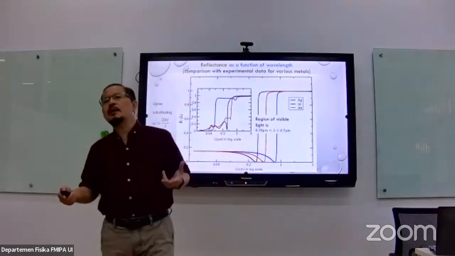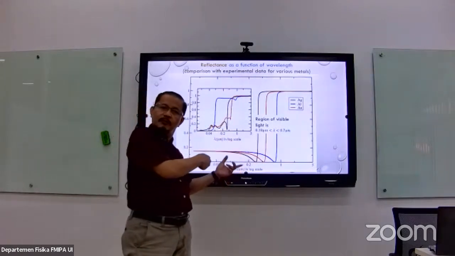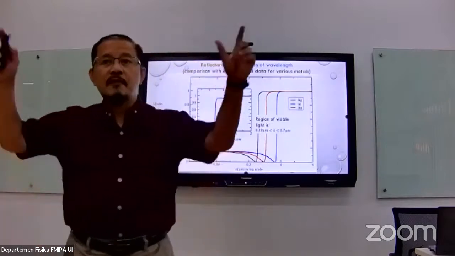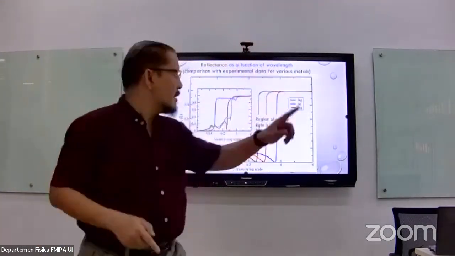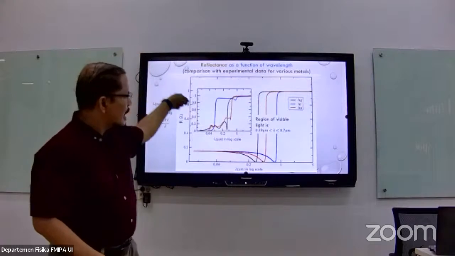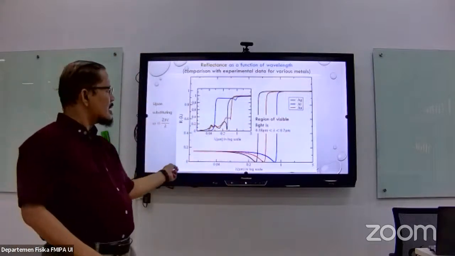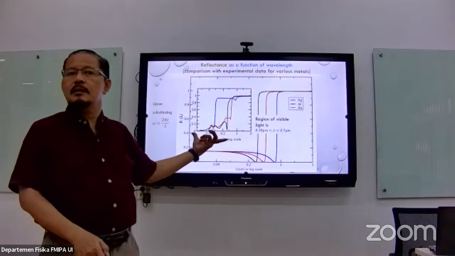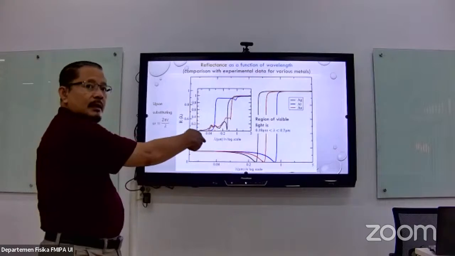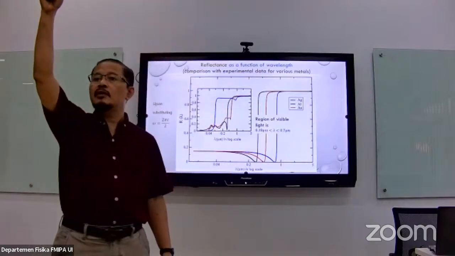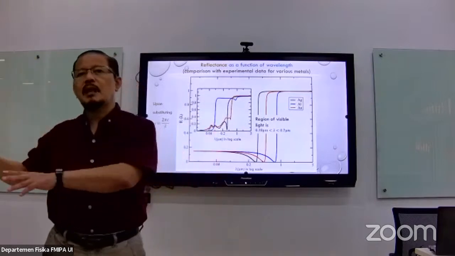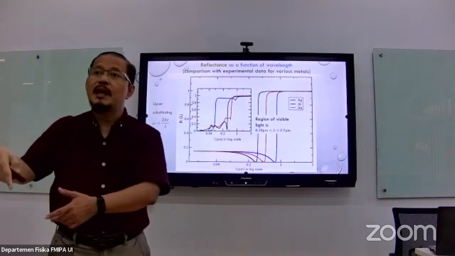So we can simply apply the theory we have discussed to the ionosphere. Therefore, the ionosphere also has epsilon 1 and epsilon 2 looking like that, and also a region where the epsilon 1 value is negative. In that region, the ionosphere reflects the electromagnetic wave, just like metal reflects visible light.